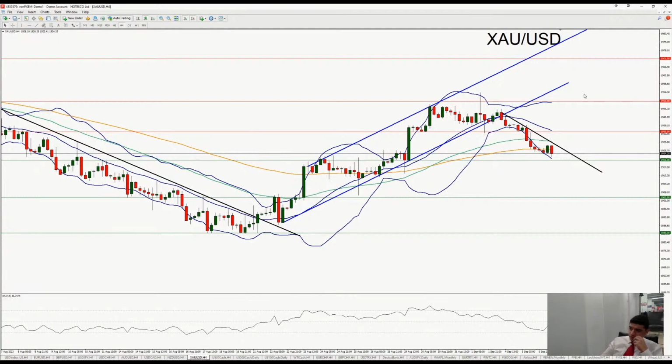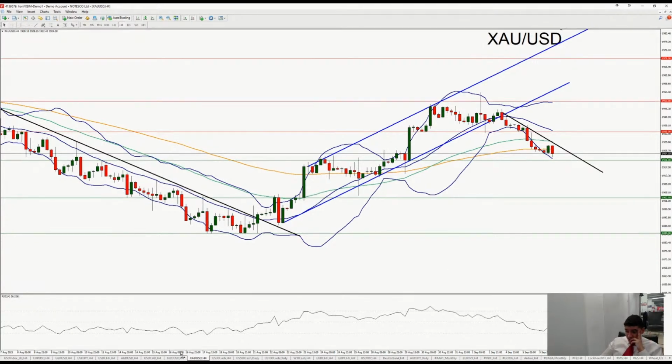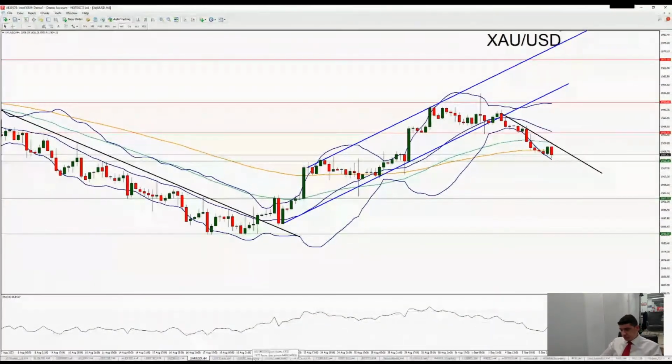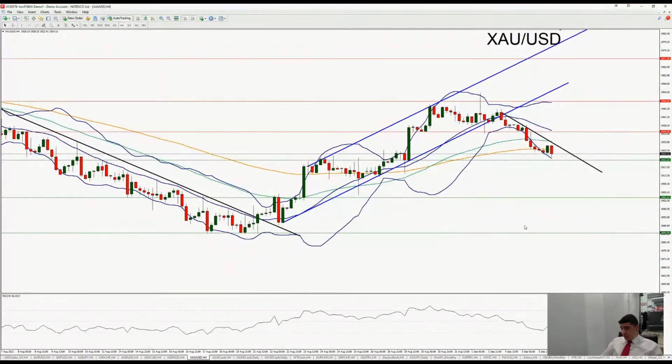This could be due to the strengthening of the US dollar. Now, we're maintaining perhaps a bearish outlook for the precious metal for now, but on a more macro level, I would not be surprised if it continues to move higher due to its hedge in times of financial uncertainty.